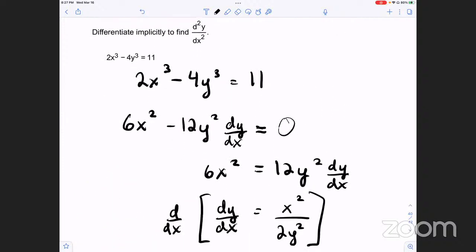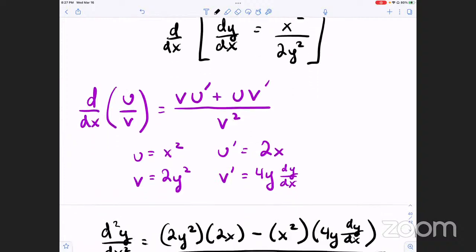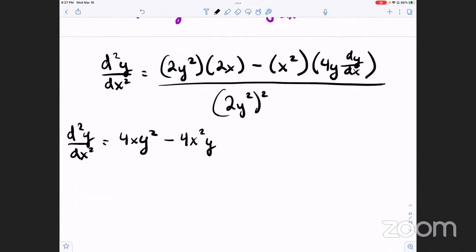Where's my dy by dx? Right there. So dy by dx is x squared over 2y squared. So this is x squared over 2y squared, okay? And then on the bottom, if you square, that's going to be 4y to the 4, okay?